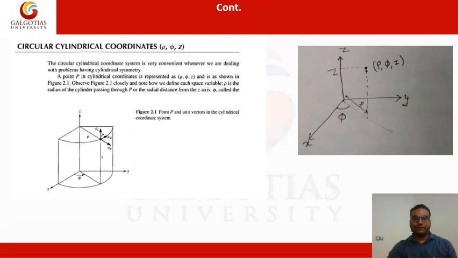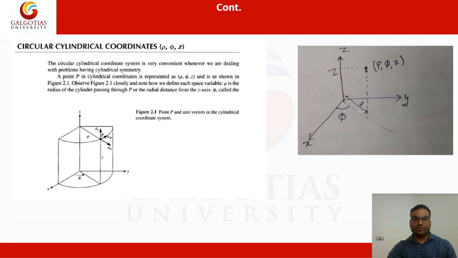Now the second one, cylindrical coordinates. Its coordinates are different from Cartesian, as you see: rho, phi and z. Let's come to the figure. It is a three-dimensional figure, but I also refer to my handwritten note figure like this.